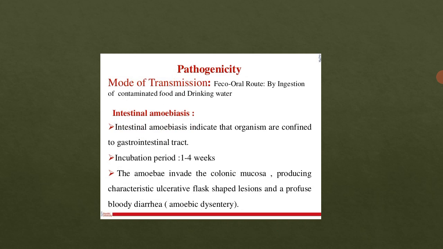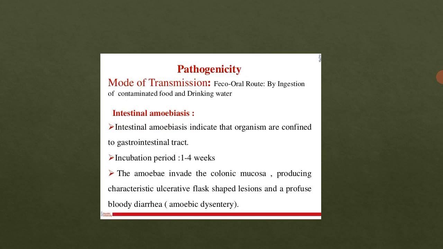The incubation period is 1 to 4 weeks. This results from the parasite Entamoeba histolytica. In this period, they will multiply, right? They will again divide by binary fission. Then again the mature cyst will be produced, and the invasive infection and the non-invasive infection will develop.